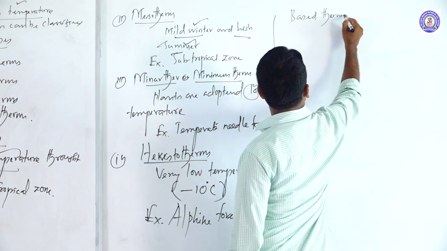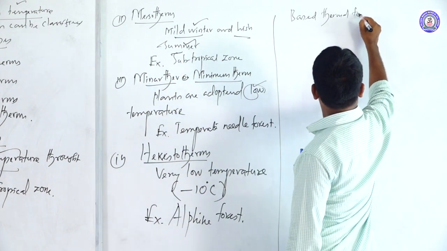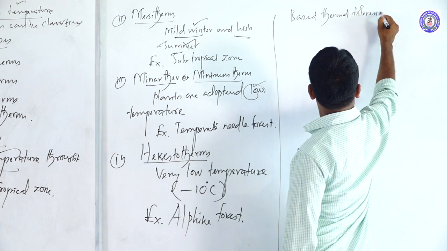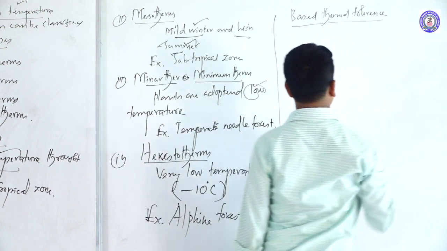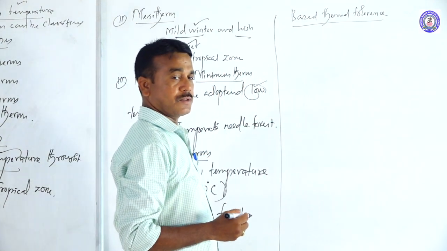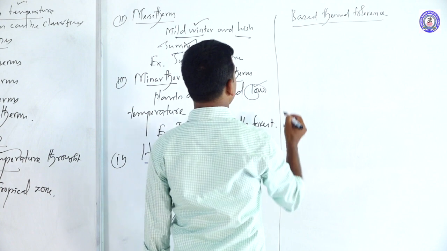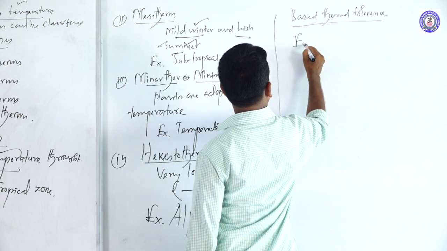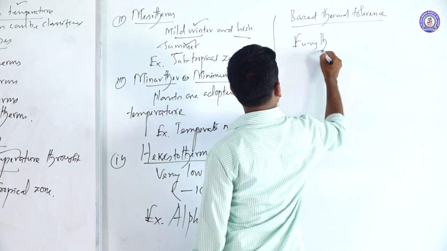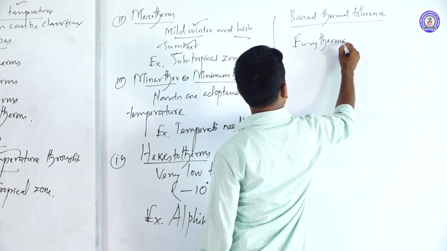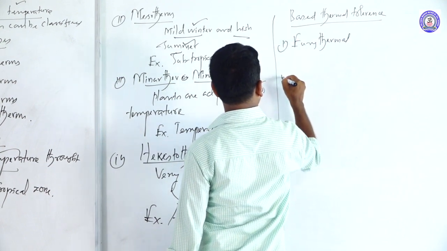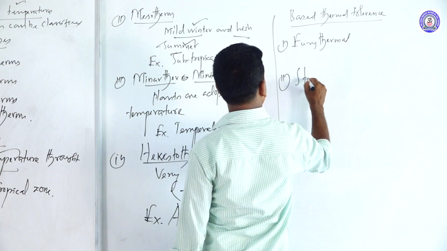The next one is based on thermal tolerance. The plants can be classified into two types. That is commonly called eurythermal and stenothermal.